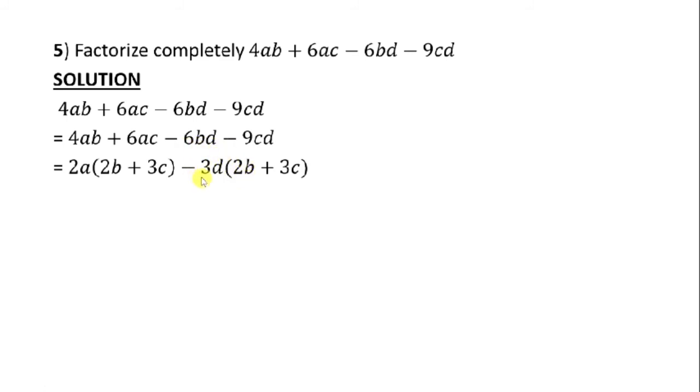What are you supposed to multiply with this negative 3d to get a negative 9cd? Positive 3c. So you find that we have a common factor, 2b plus 3c, group what has remained outside. When we group what has remained, we have a 2a minus 3d. As simple as that. We continue.